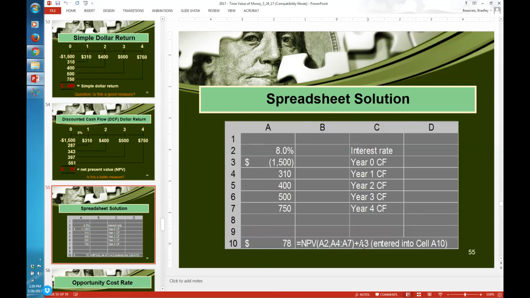Now note, if you actually did A3 to A7, Excel will still give you an answer. It is going to be inherently wrong, but it will do the calculation for you. It has no idea of the logic behind what you're doing. It simply does the calculations. So you have to know how to use the tool, and in this case we add A3 back in, hit enter, and we end up with that 78,000.